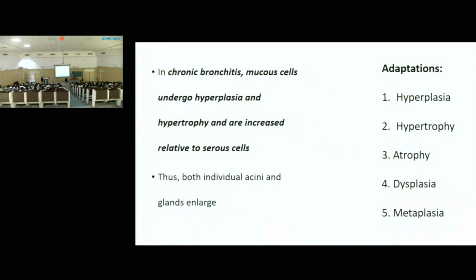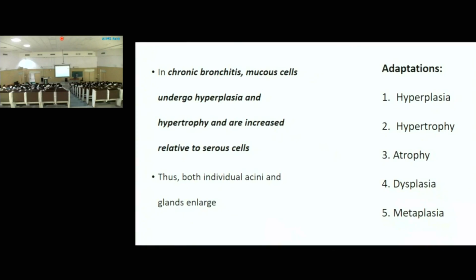Along with this, there will be an increase in the number of goblet cells, right? As in adaptation, the cell will undergo hyperplasia, hypertrophy, dysplasia, metaplasia, or atrophy. So the changes here also occur in the mucosal layer: in a chronic bronchitis patient, you will see an increase in the number of goblet cells also.